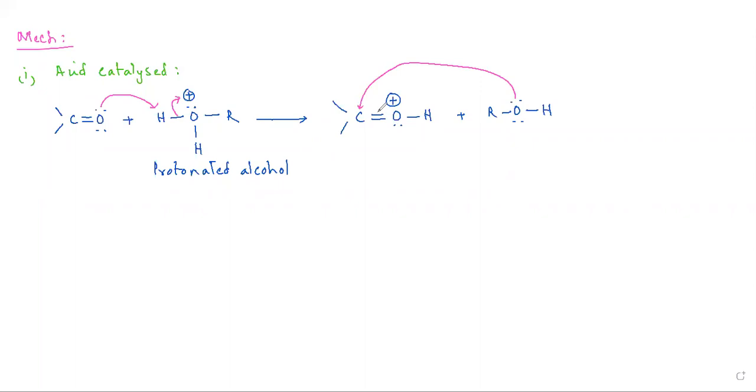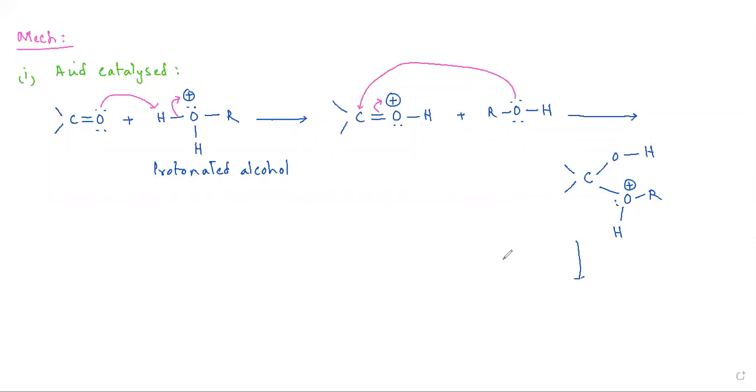When it attacks the carbonyl carbon, the bond migrates this way. This becomes OH. Then this, of course, with a lone pair and a positive charge.